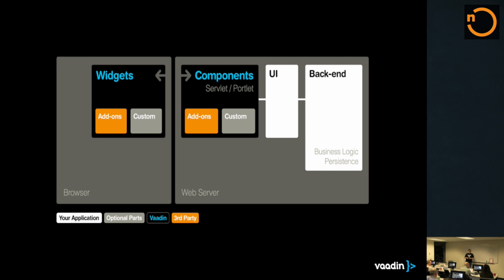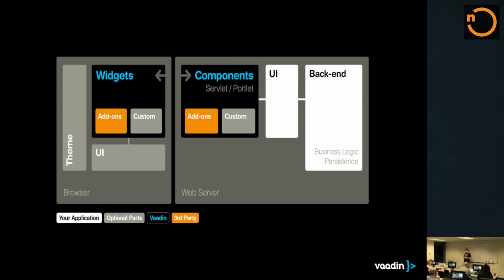For each of these classes, you have a client-side counterpart. So for a server-side button, you also have a button widget on the client side. And these two guys are keeping themselves in sync, so you don't have to worry about the communication between these two guys. On top of that, there is of course theming.